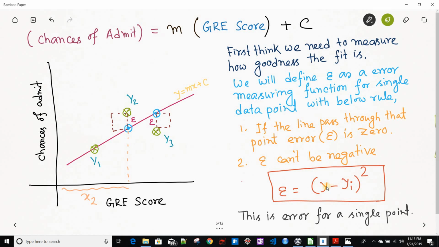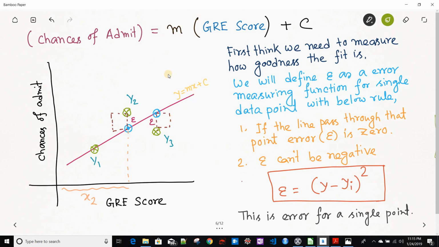But if we just take y minus yi as an error function, then we are basically dealing with negative values. To overcome this, we are taking the square. Okay, and if I draw a square based on the size of this side, I can draw a small square for each and every data point.